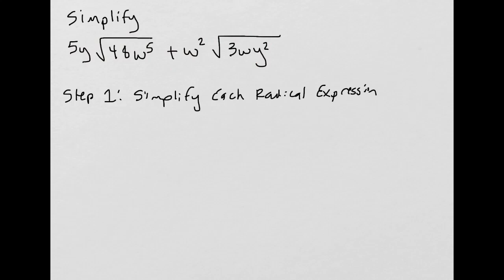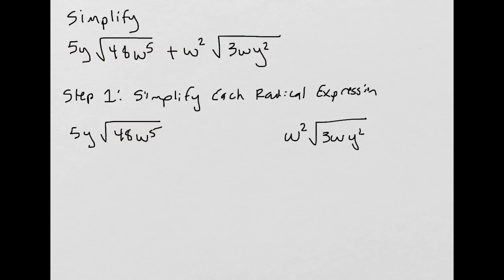So I've got my 5y times the square root of 48w to the 5th, and then I've got my w squared times the square root of 3wy squared. Well, one of the things is that when I'm trying to simplify radical expressions, I always want to start by factoring out what I've got underneath, including this 48.